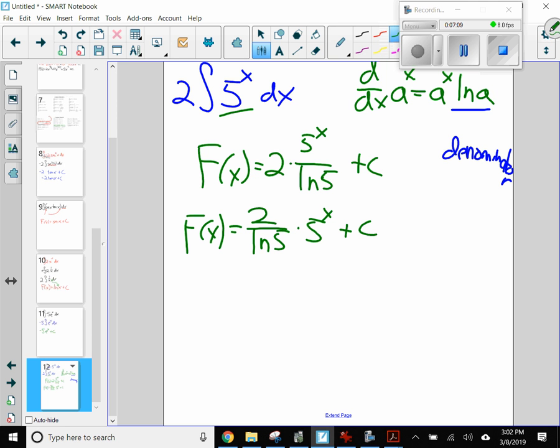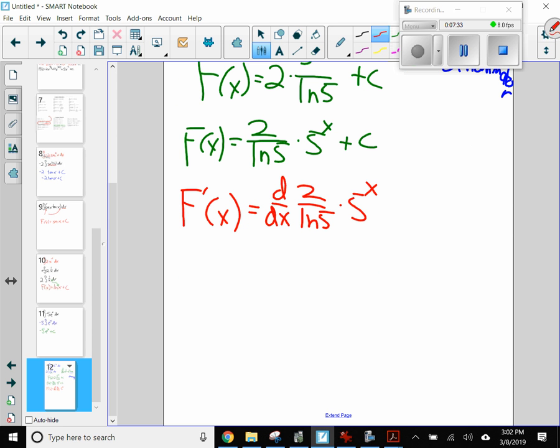Now, if I take the derivative of big f of x, so I want f prime of x. That means I'm going to take the derivative with respect to x of 2 over ln 5 times 5 to the x. I can forget about the c because I know the derivative of that's going to be 0. So the 2 over ln 5 gets pulled through the derivative, and then that is times the derivative with respect to x of 5 to the x.